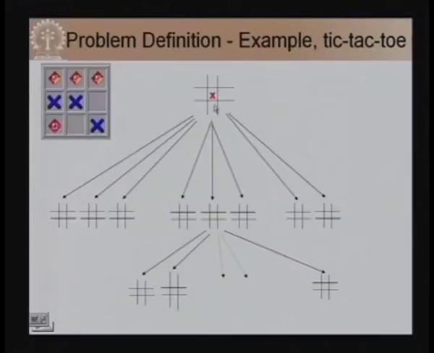Suppose the first player puts a cross at the center location. Okay. So, in the search tree, the different successors will correspond to the cross at the central location and a knot placed at any of the other 8 locations.